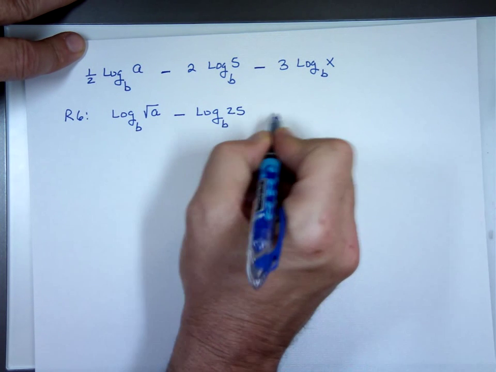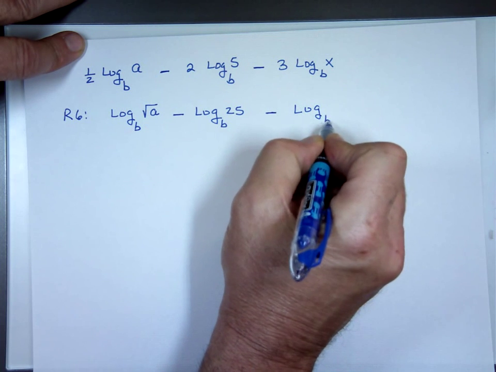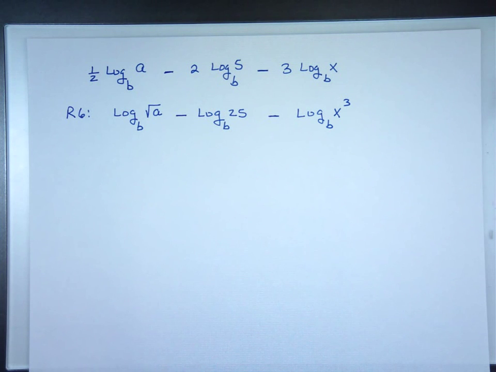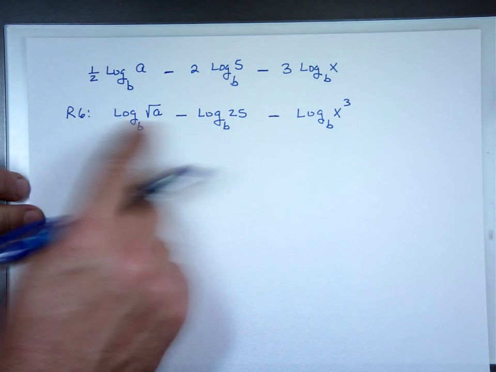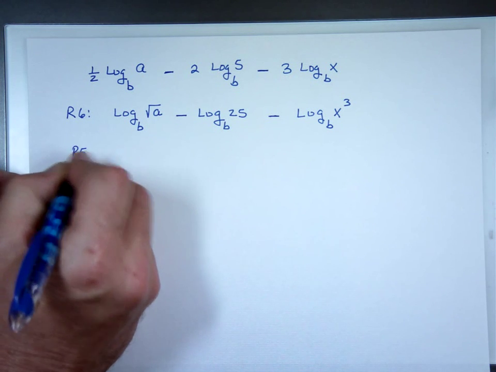And the last one is x to the power of 3. Left to right. Rule what? 5? You have subtraction. Used to be what? Division.